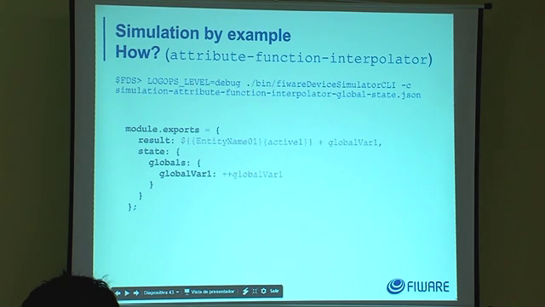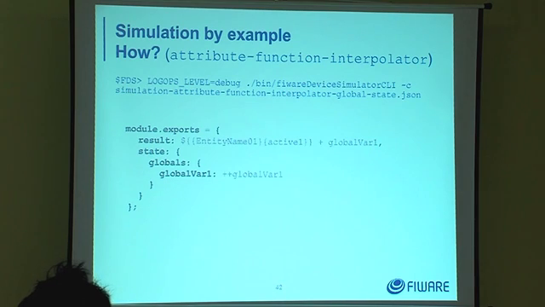Just as we specified local state, the global state is maintained amongst all the instances of the attribute function interpolator. Basically, for example, if I need that an interpolator uses some data generated by an external interpolator, this would be the way you can pass global state between attribute function interpolator executions.